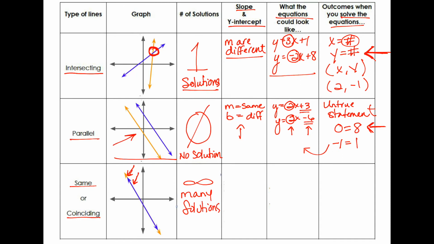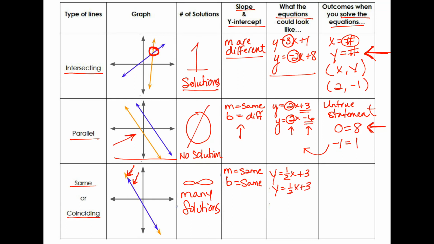And what does that look like in terms of the slope and the y-intercept? Again, the slopes are going to be the same. And because this is really just the same line, the y-intercepts will also be the same. So we're looking at, for example, something like y equals 1/2 x plus 3 and y equals 1/2 x plus 3.